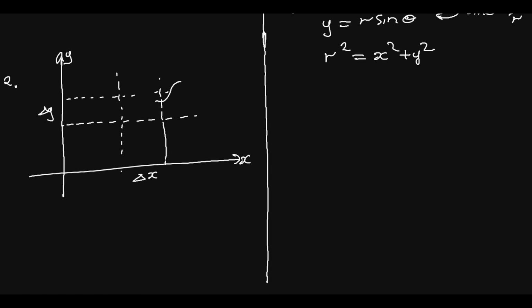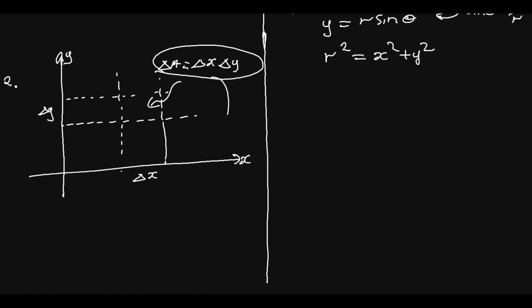So therefore it makes this small area here, delta A, to be delta x, delta y. Let me rewrite it. So it makes this small area, delta A, equal to delta x times delta y, which further develops into dA.